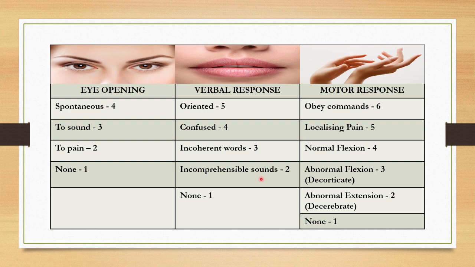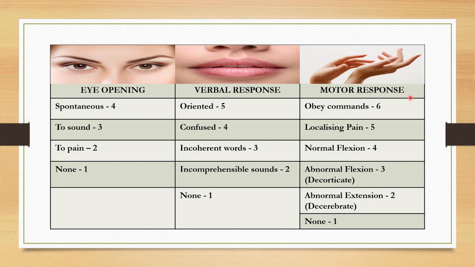If the patient is making some incomprehensible sounds to your question, then you can give a score of 2. For instance, you are asking, where are you? The patient is responding with some sounds. Then you can give a score of 2. If the patient is not at all responding, then you can give a score of 1.